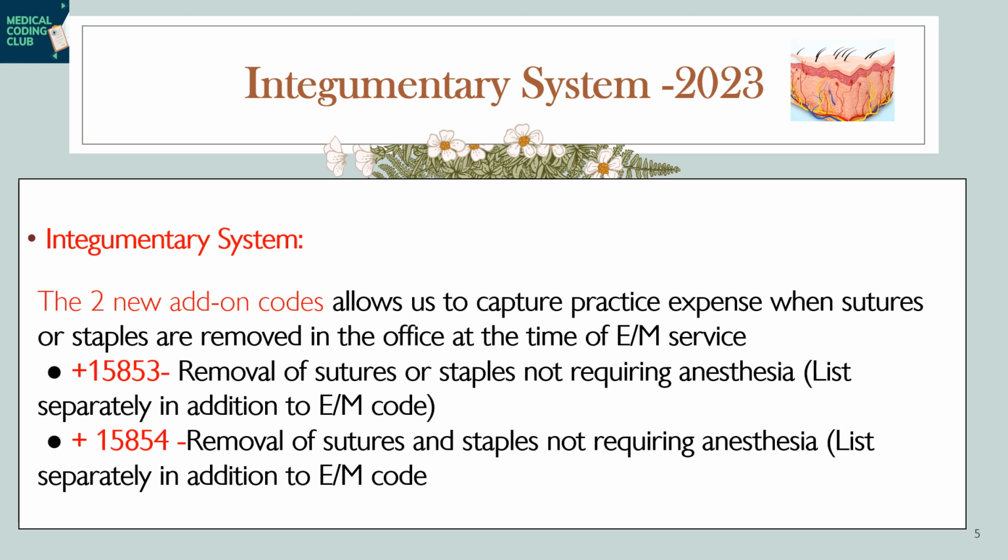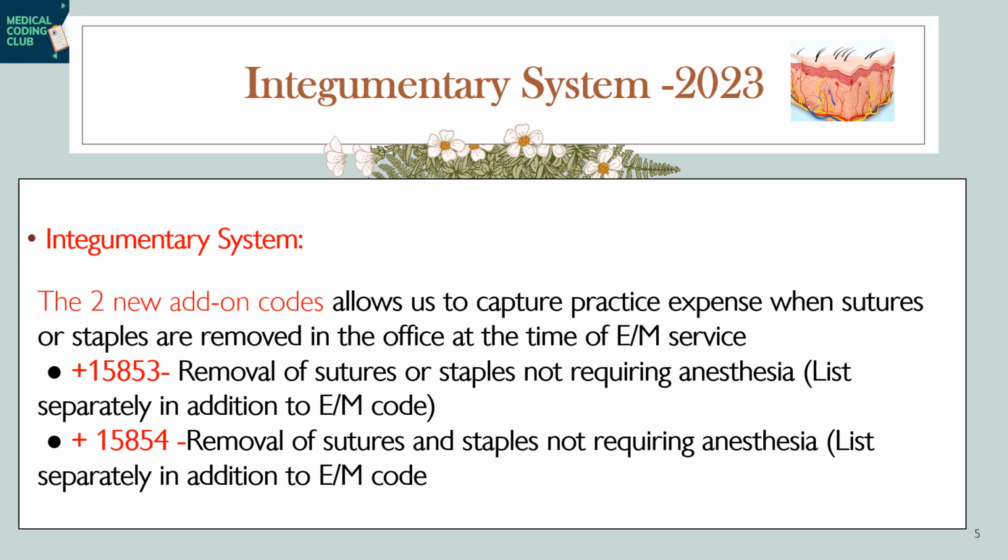And another one is 15854, removal of sutures and staples not requiring anesthesia, list separately in addition to E&M code. So here you can see the difference: 15853 says suture or staples, and 15854 says suture and staples.